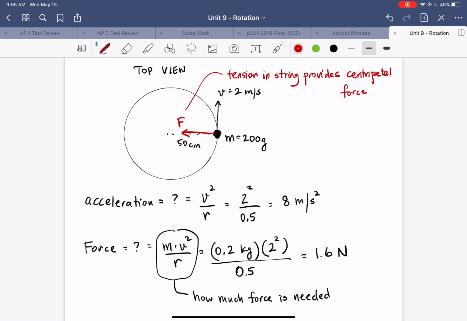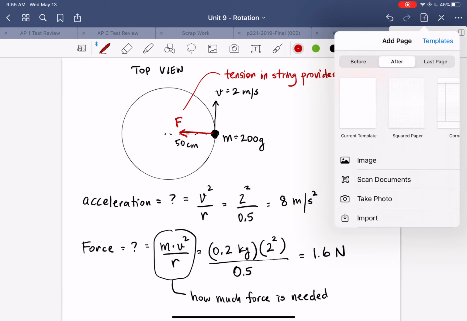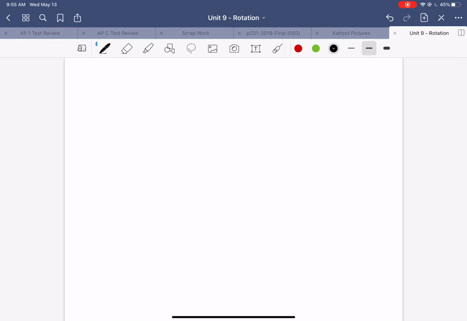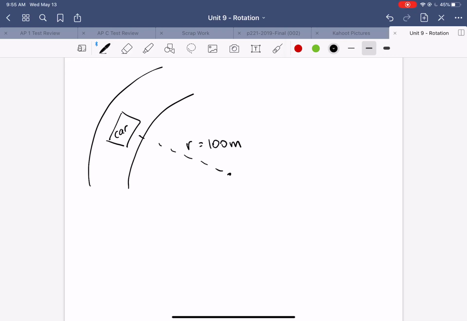Okay, so let's look at one last example. Let's say you are driving in a car on a road. So this is a top-down view of a car. Let's say you're on a curve which has a radius of 100 meters, so a pretty large curve.